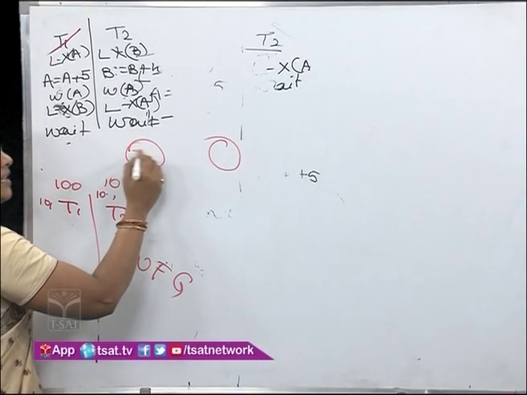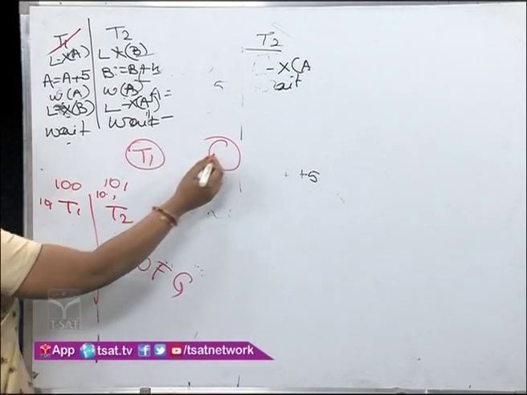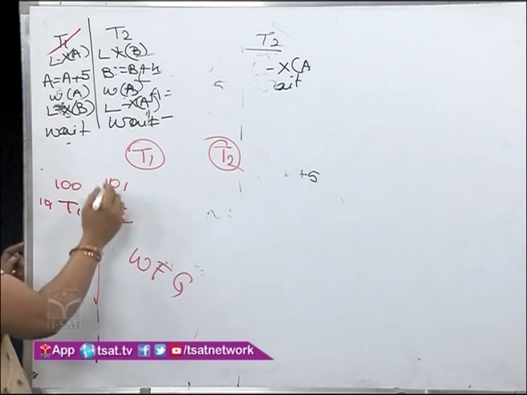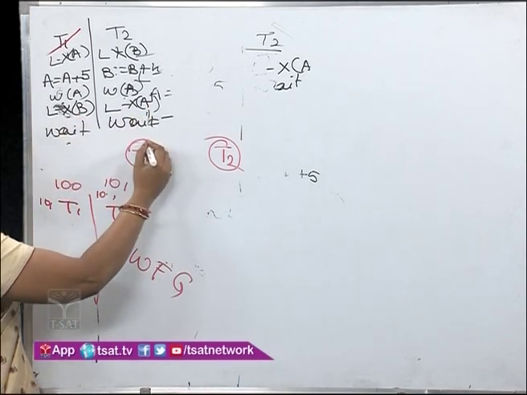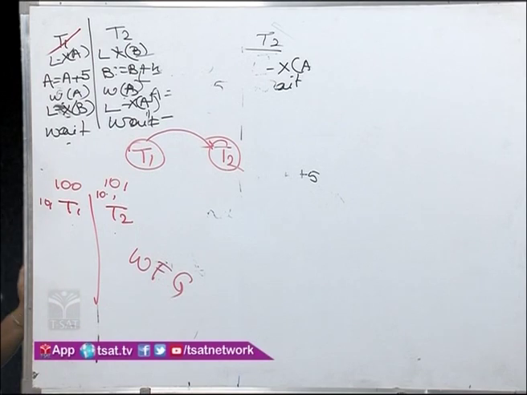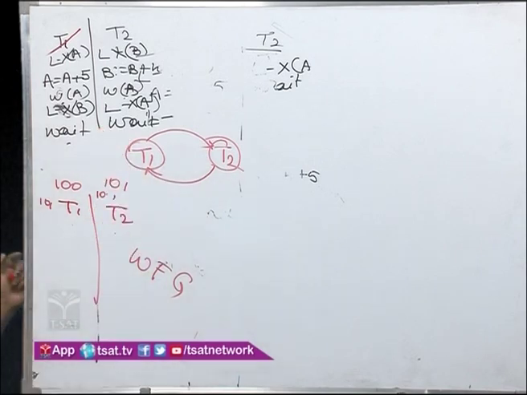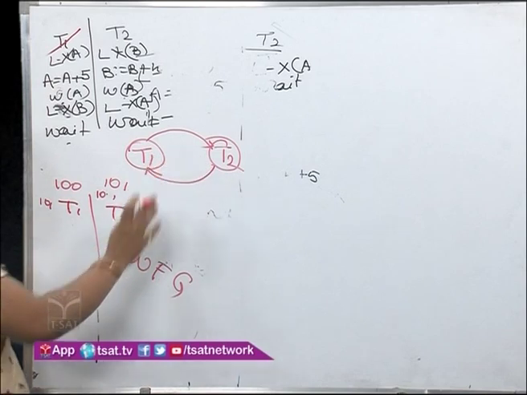How many transactions are here? T1 and T2. If T1 is waiting for T2, we draw an edge from T1 to T2. And if T2 is waiting for T1, we draw an edge from T2 to T1. Fine, so this is the wait-for graph.